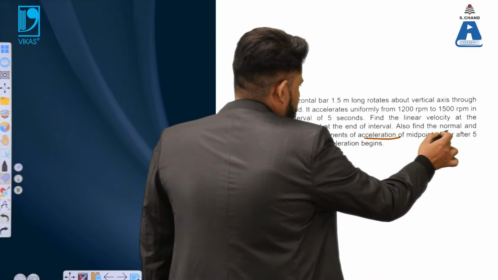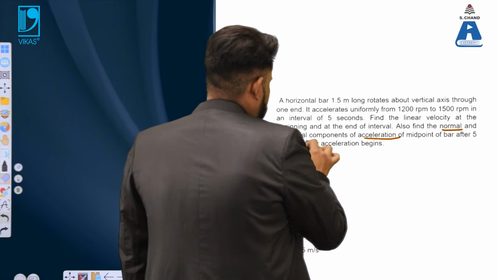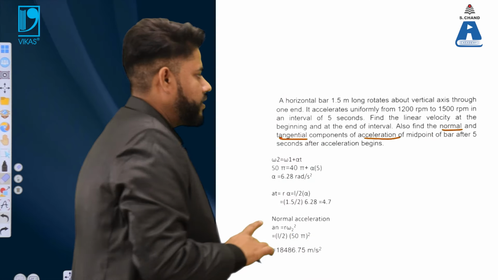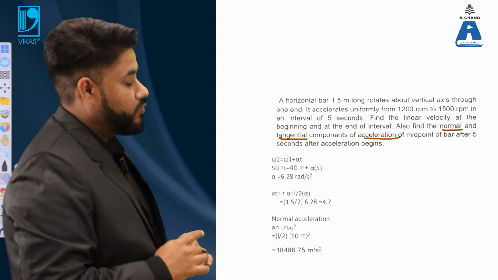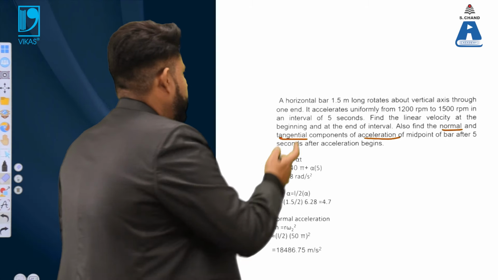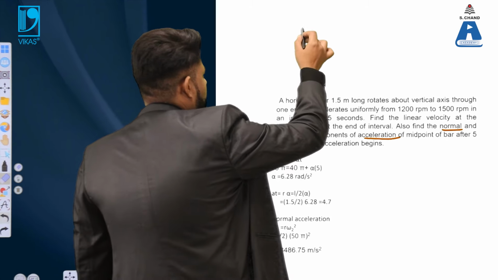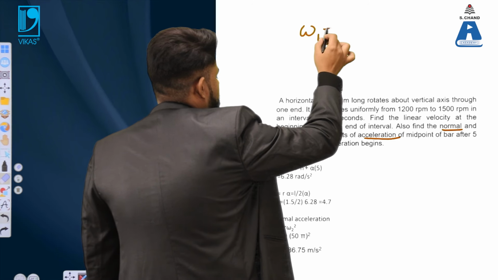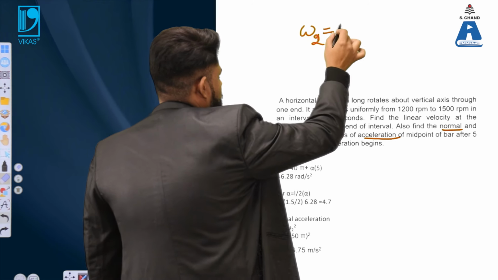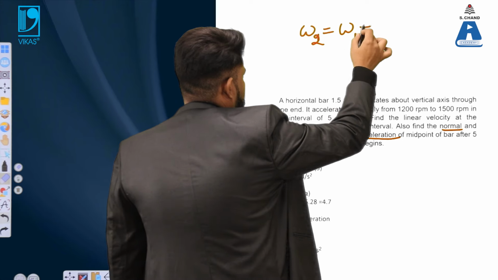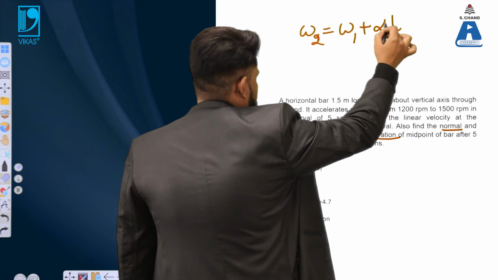For finding the normal and the tangential components of the acceleration, first and foremost is to find out what the acceleration is. In terms of these angular velocities, you have this representation: omega 2 equals omega 1 plus alpha t.